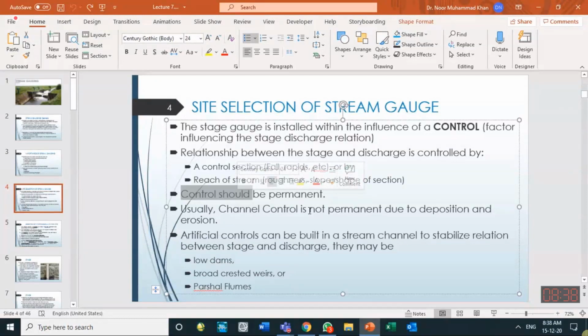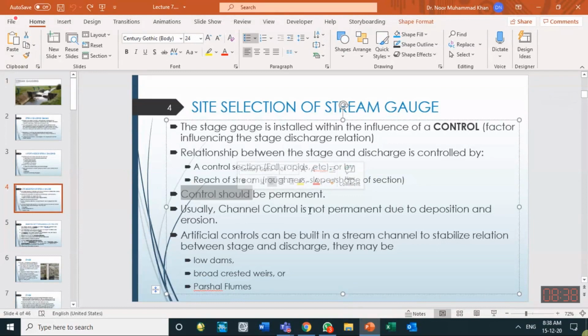For example, there is an obstruction in the channel because of some debris, and we should not consider that a sectional control and install a stream gauge station over there, and after 1 month or 2 months that debris is removed and that control has gone. Then my station observation will be changed. So when you select a new gauging station, the control should be permanent.